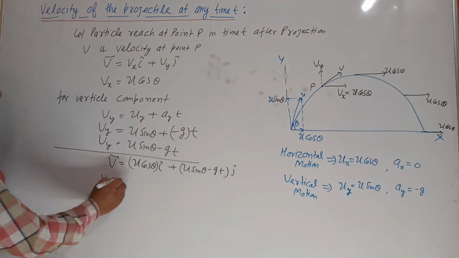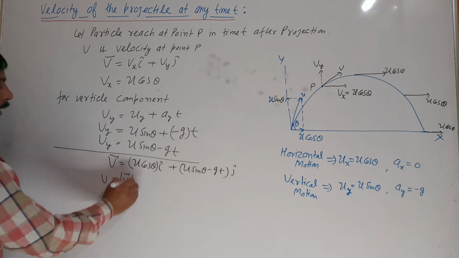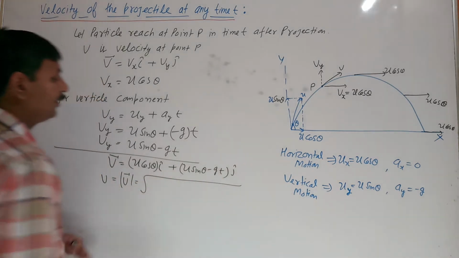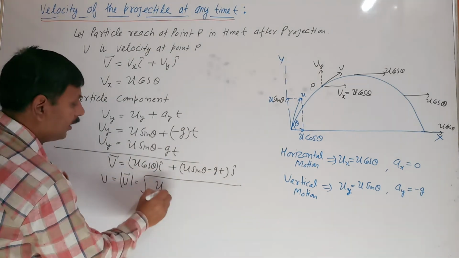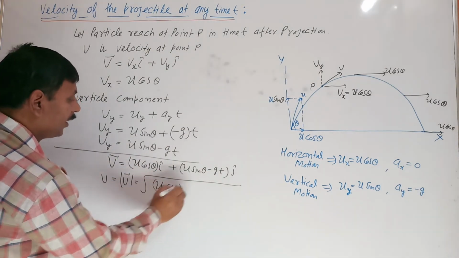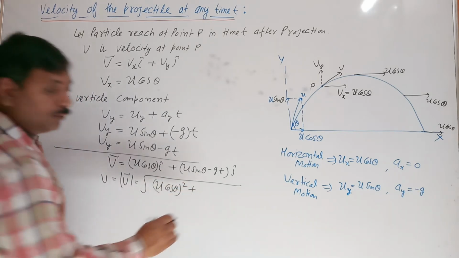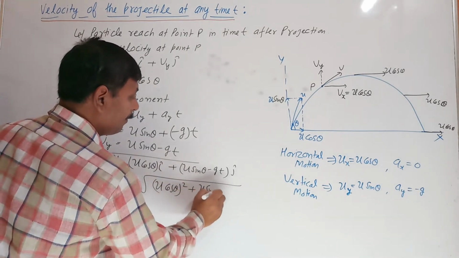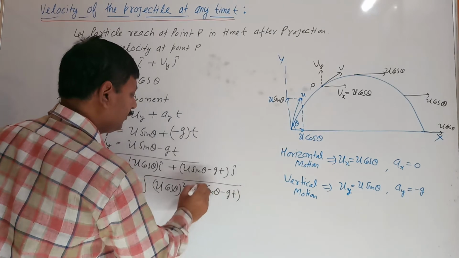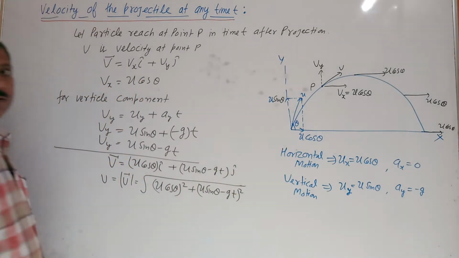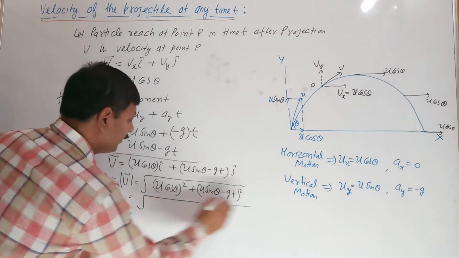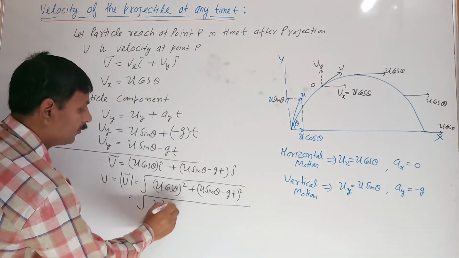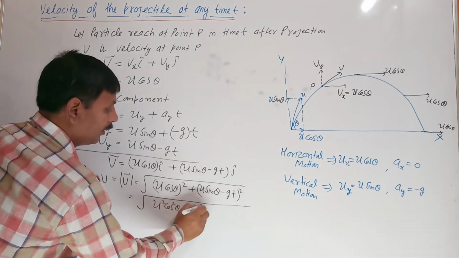What will be the magnitude? The magnitude will be under root Vx square plus Vy square, that is (u cos theta) square plus (u sin theta minus gt) square.